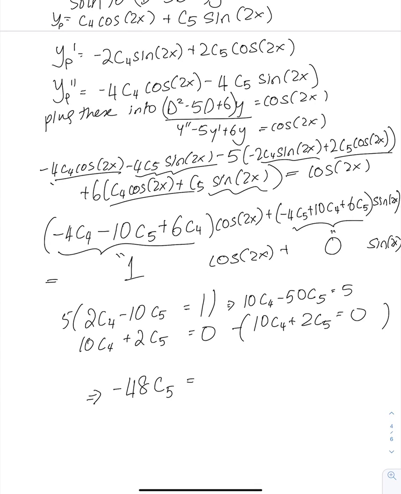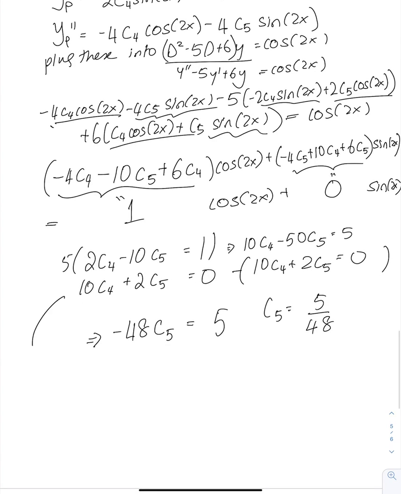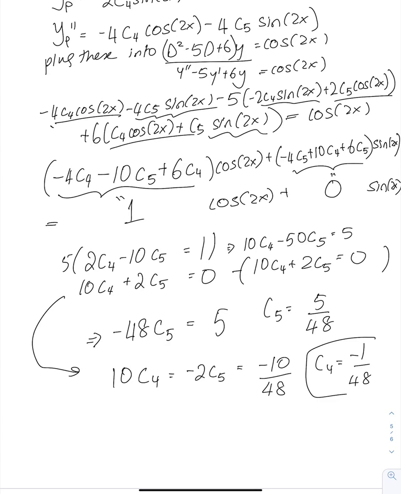c5 is 5, so c5 is 5 over 48. Okay, and then just plug it in there. You'll have 10c4 is minus 2c5, which is minus 10 over 48. And so you have c4 is negative 1 over 48.